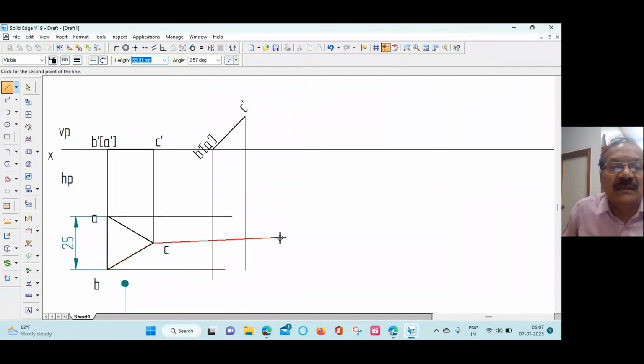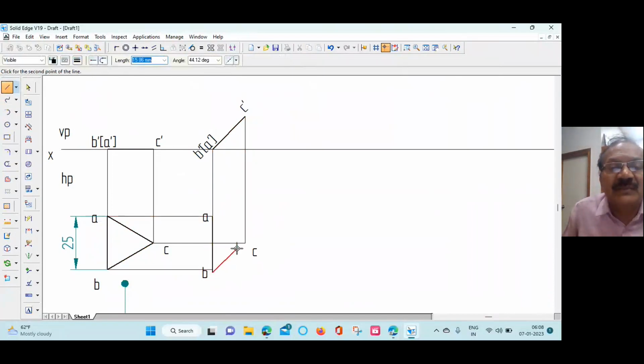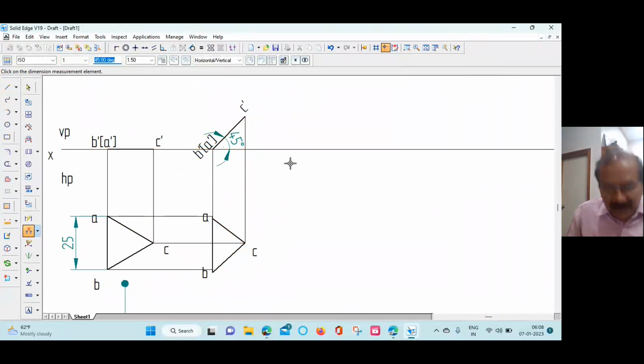Horizontal from C, it cuts here. Then trim the extra lines. Don't keep any extra lines. Then name it. This point is A, this point is B, this is C. Then join ABC by a dark line, 0.5 thickness. So you got the apparent shape of the triangle in the second position. This is the surface inclined to HP at an angle of 45 degree.